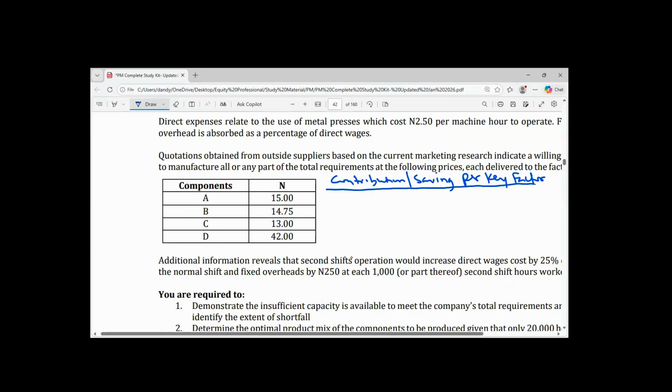This is also one of the important steps under optimal product mix, because this is what we are going to use for the allocation of the resources. You are going to allocate based on the ranking you have done in this step. So the first item will be contribution. First thing first, let's say we have 3 products, Products A, B, and C.